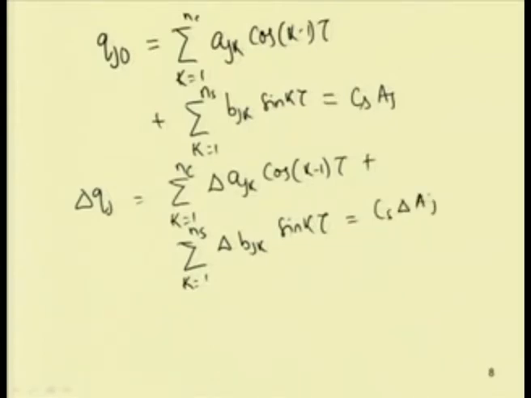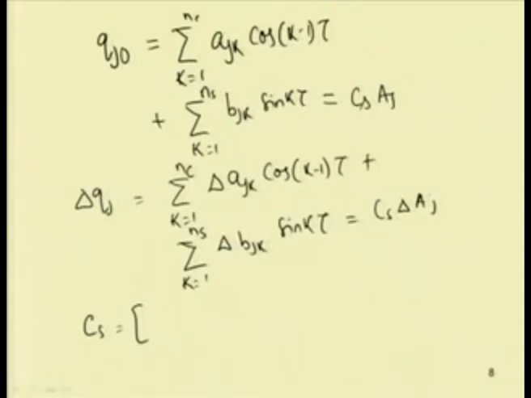Here C s can be written as follows. For the first term, substituting k equal to 1, the argument becomes 0, and cos 0 equals 1, so the coefficient of a j 1 is equal to 1.